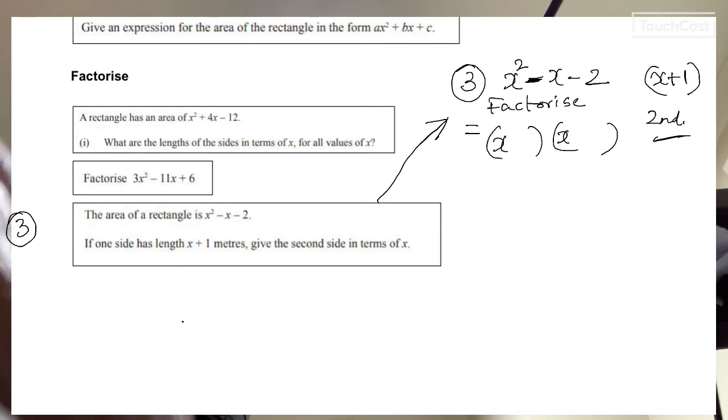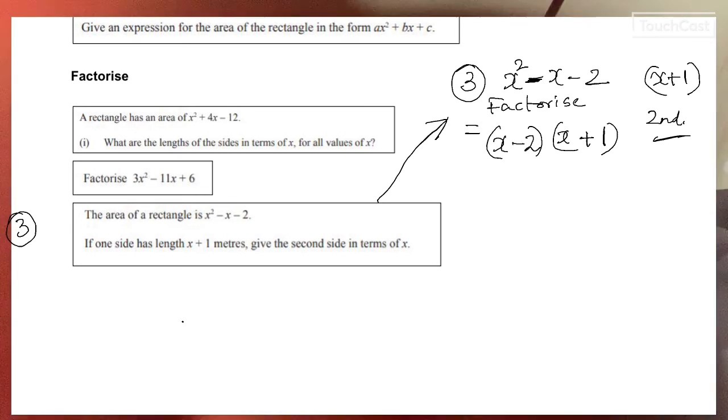So if I go for -2 and +1 in the other bracket, x minus 2 times x plus 1, that will give that expression back.